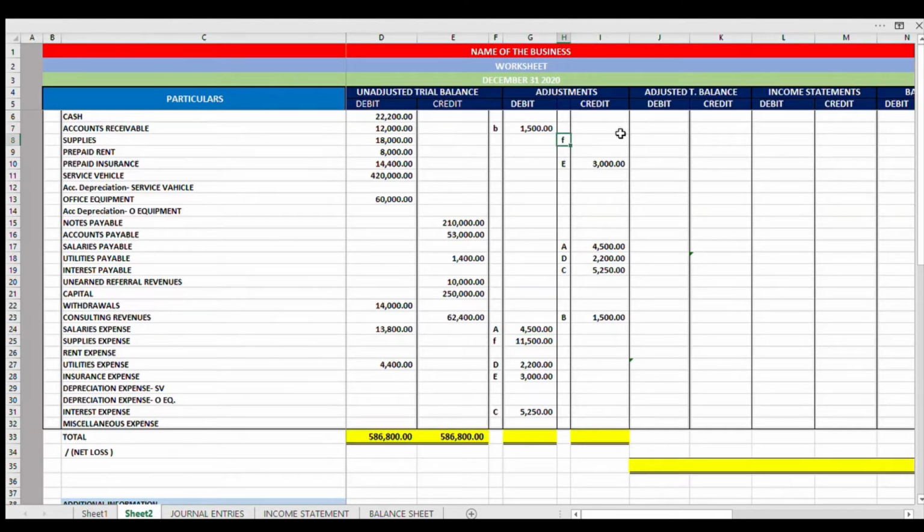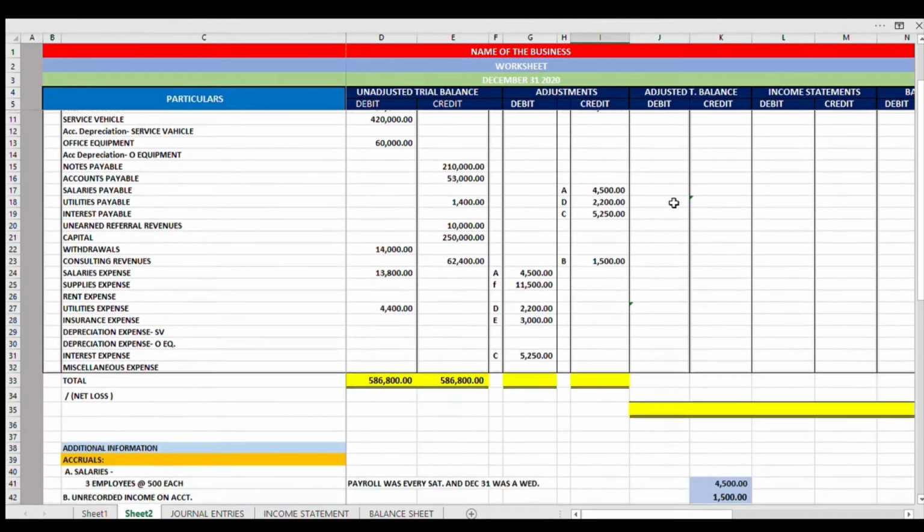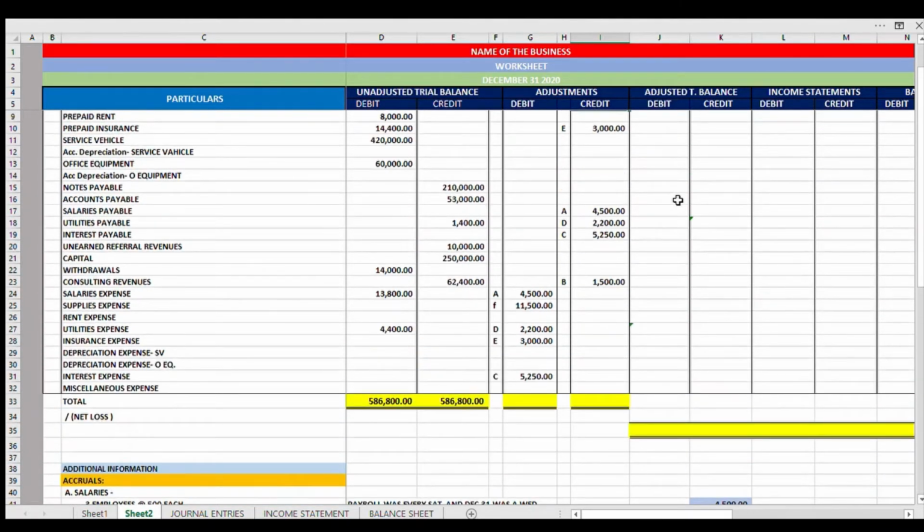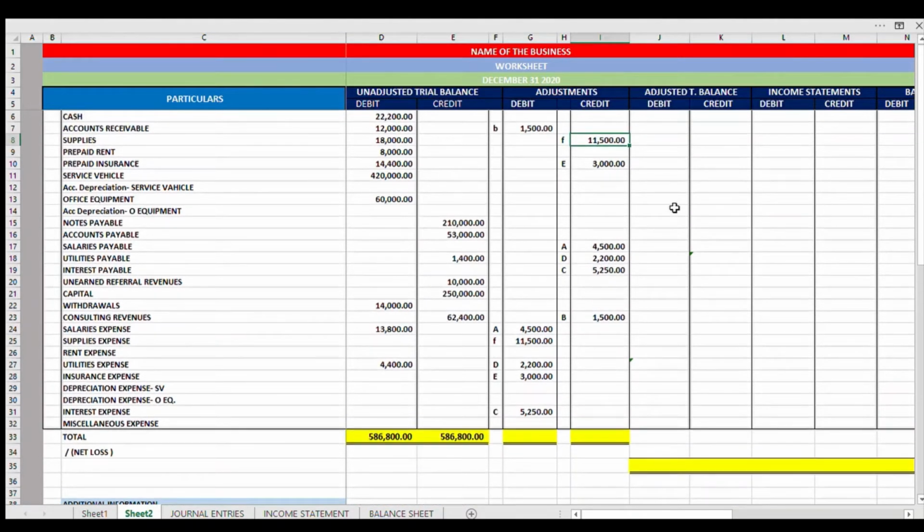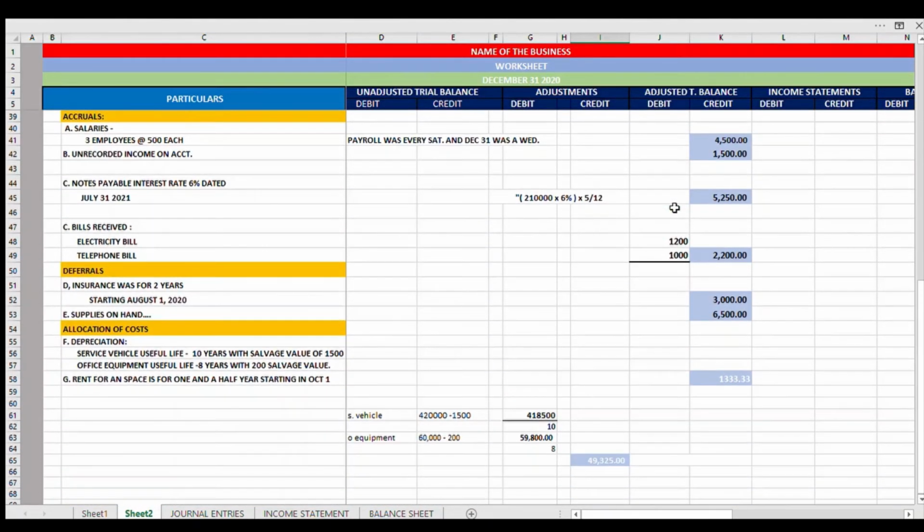So that's how it is being done in the worksheet. Okay. Next, we have the allocation of cost.